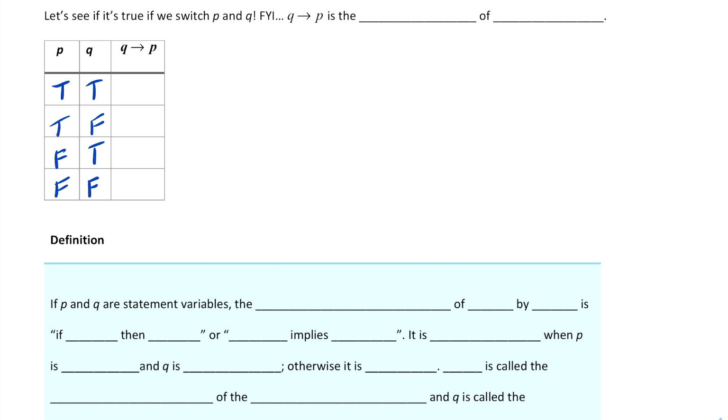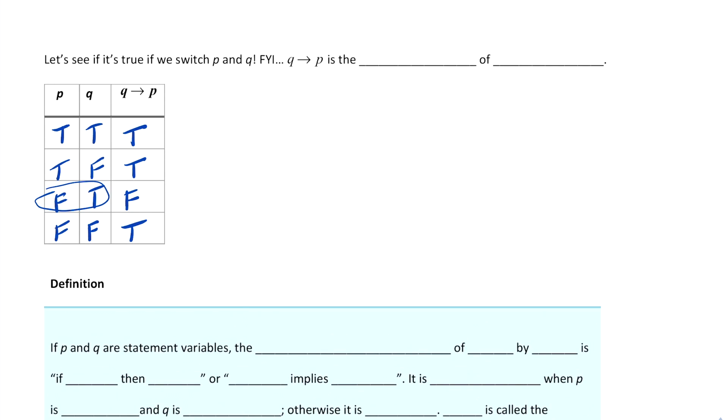So, true, true, true. That's all good. A false conditional could result in a true conclusion. But here's the deal. This is the problem child. A true condition can't result in a false conclusion. So this one is false.